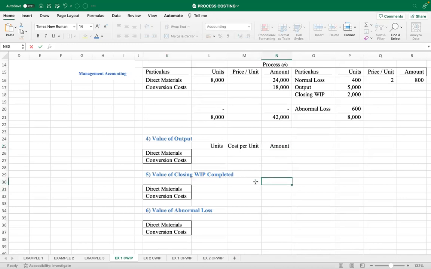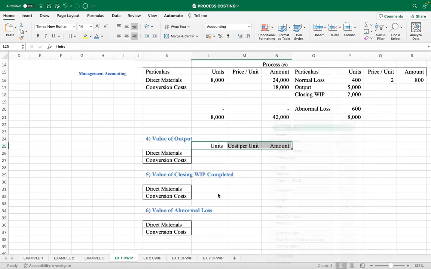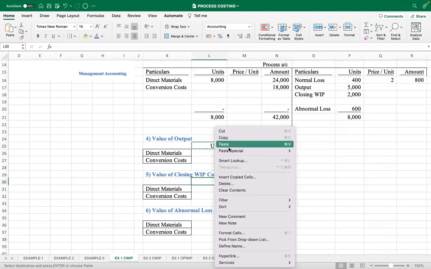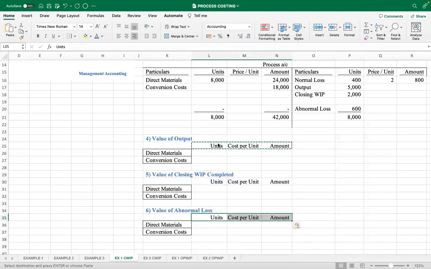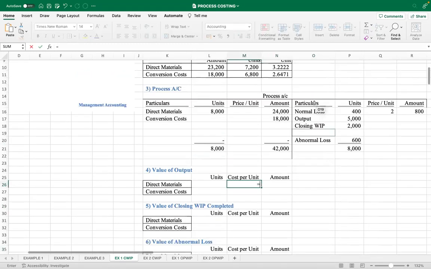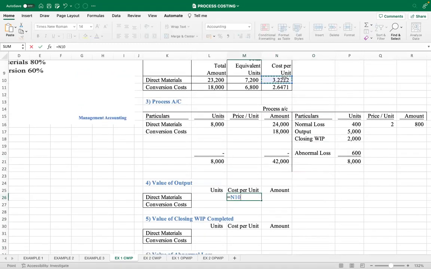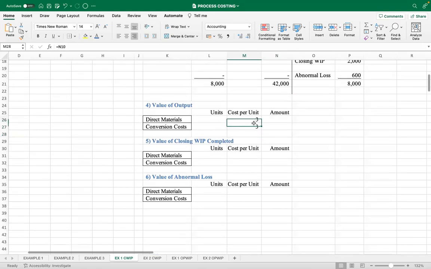Same, you just replicate that to these others. So what is cost per unit? We have calculated it up here. Cost per unit is 3.2 and 2.64.